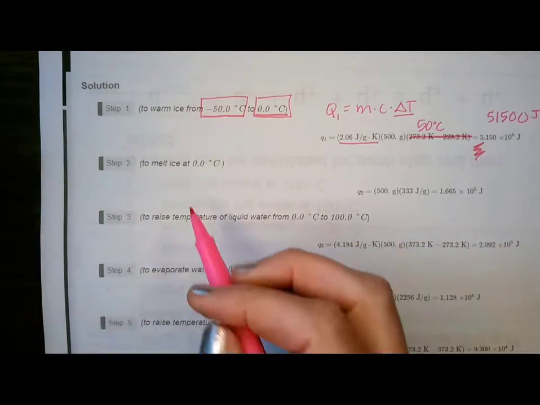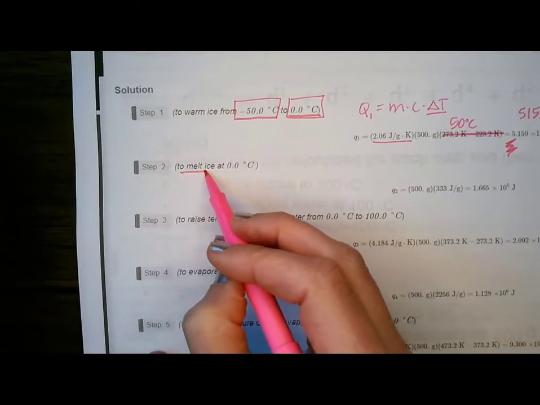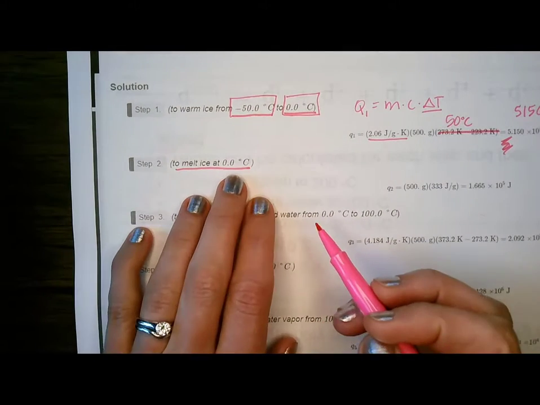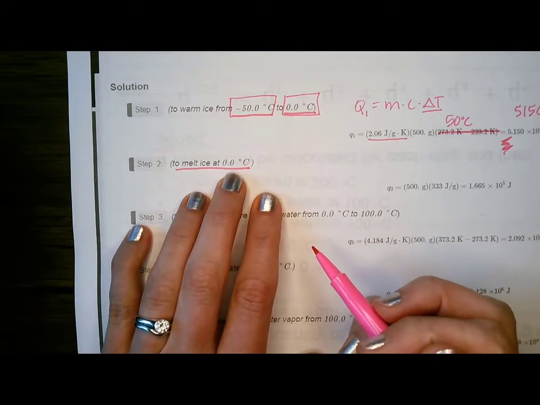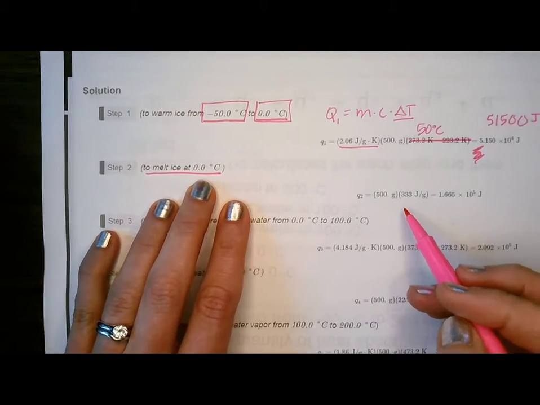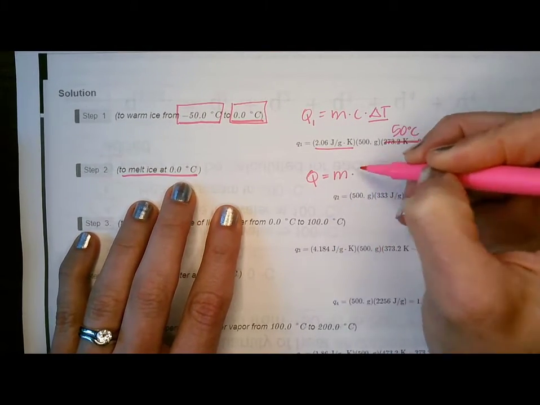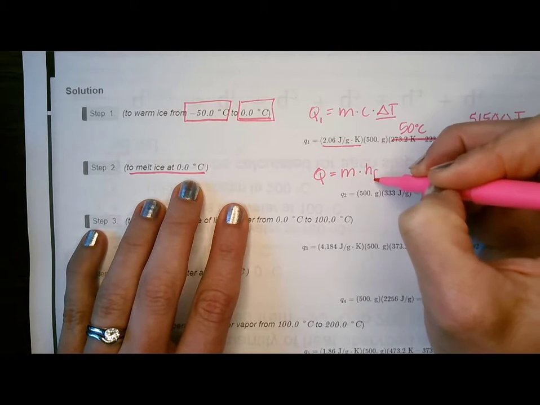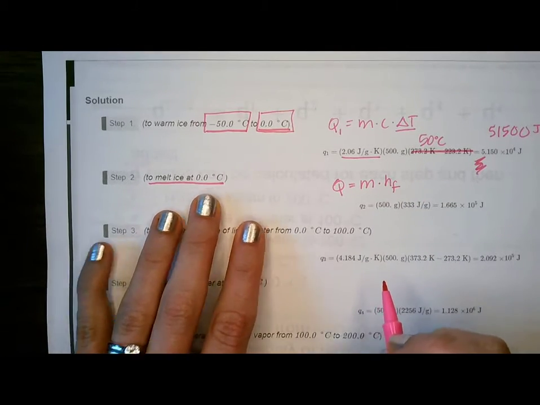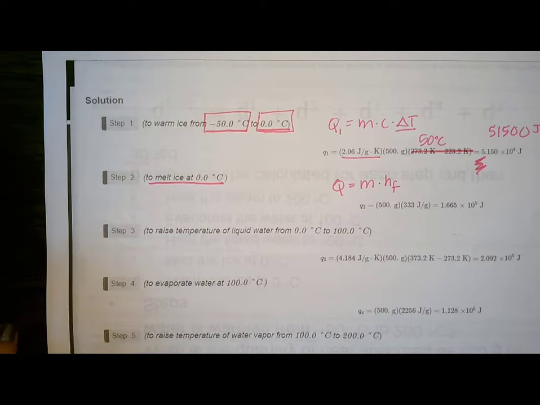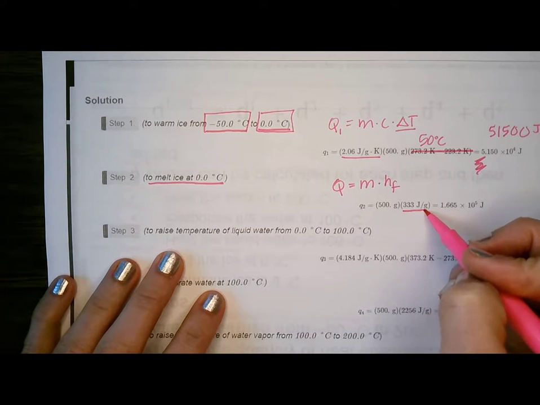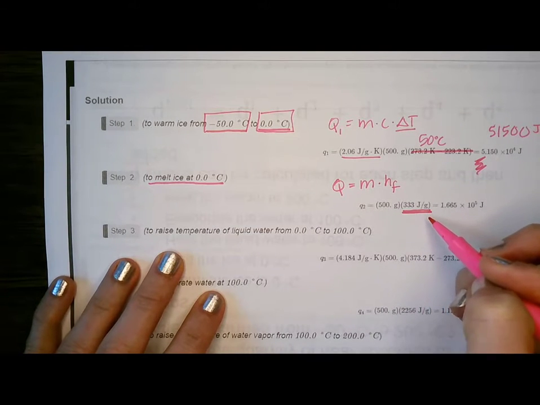For part 2, we need to melt the ice. Remember, temperature is staying the same here. There is no change in temperature. So to find this Q, we take our mass times the heat of fusion. And the heat of fusion is given to us. These are known values. The heat of fusion of ice is 333 joules per gram.